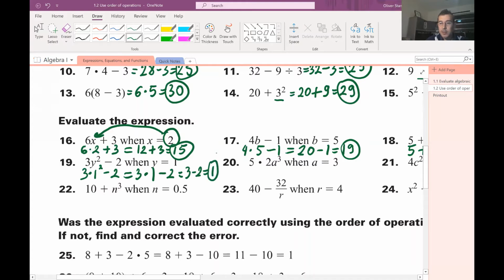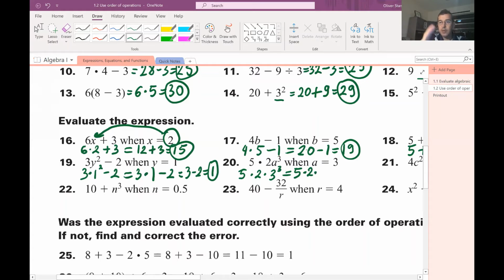Next one, 5 times 2a cubed, when a equals 3. So we do 5 times 2 times a is 3, so 3 cubed. Now we have multiplication, multiplication, and powers. Powers is the operation that's going to be done first. So we do 5 times 2 times 3 cubed.